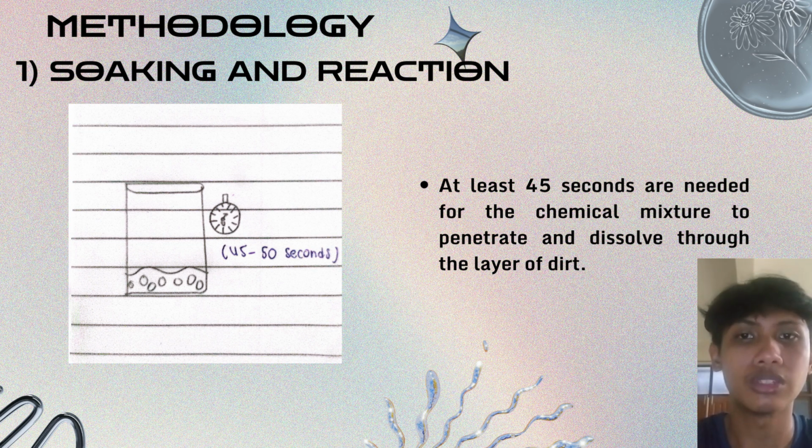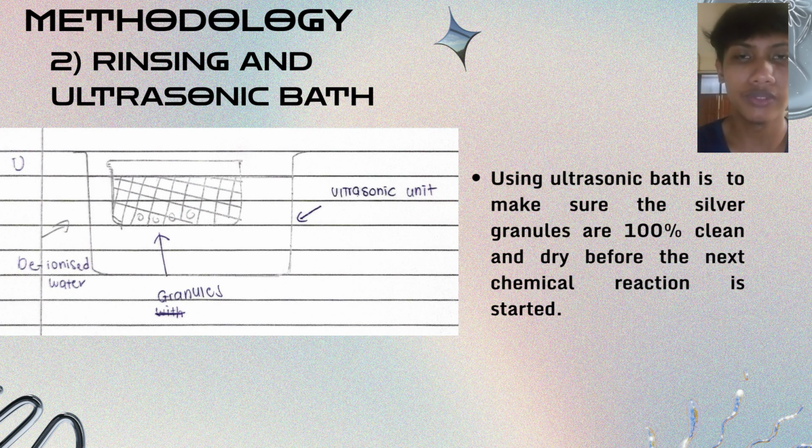This soaking time allows the chemical mixture to penetrate and dissolve the layer of dirt and contaminants on the silver surface. After soaking, the silver granules were rinsed with deionized water and then placed in an ultrasonic bath. The ultrasonic bath removes any remaining dirt and chemicals from the surface.